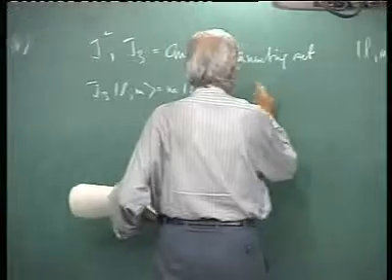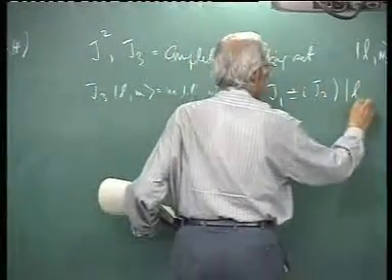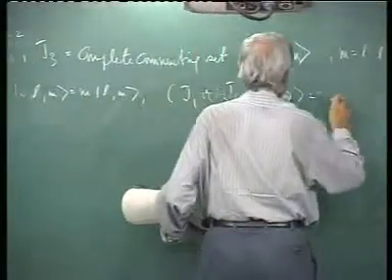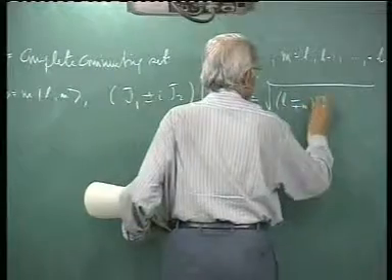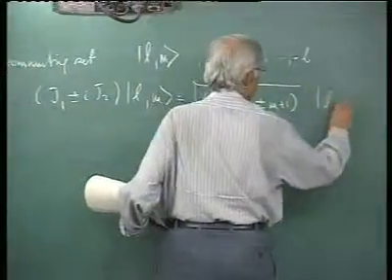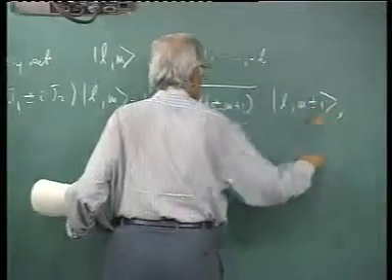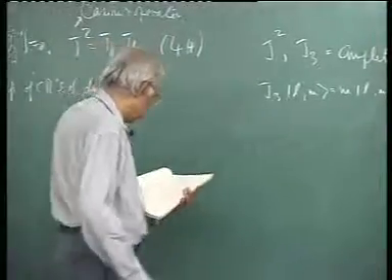J3 is diagonal, and instead of giving the matrix elements or the actions of J1 and J2 on these basis vectors, it is more convenient to deal with the complex combinations J1 plus iJ2 and J1 minus iJ2.